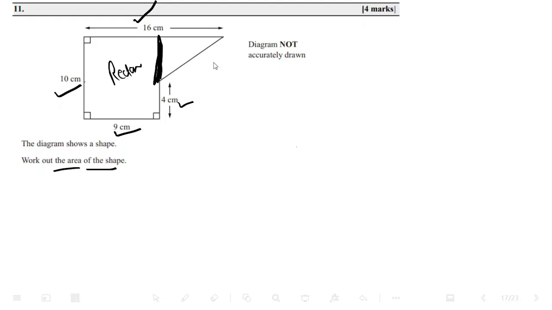And the other part is a triangle, right?